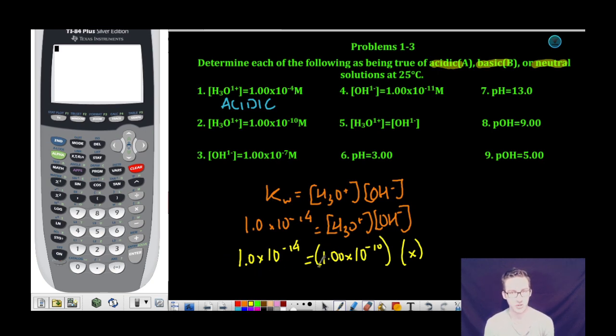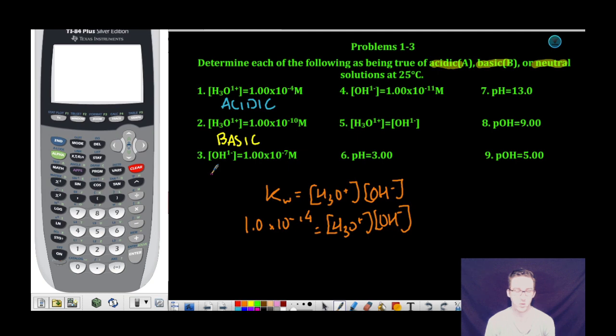And therefore, if hydronium ion concentrations decrease, hydroxide ion must increase. In fact, it will increase to a concentration of 1 times 10 to the negative 4. And when hydroxide ion concentrations are greater than hydronium ion concentrations, we have a basic solution.